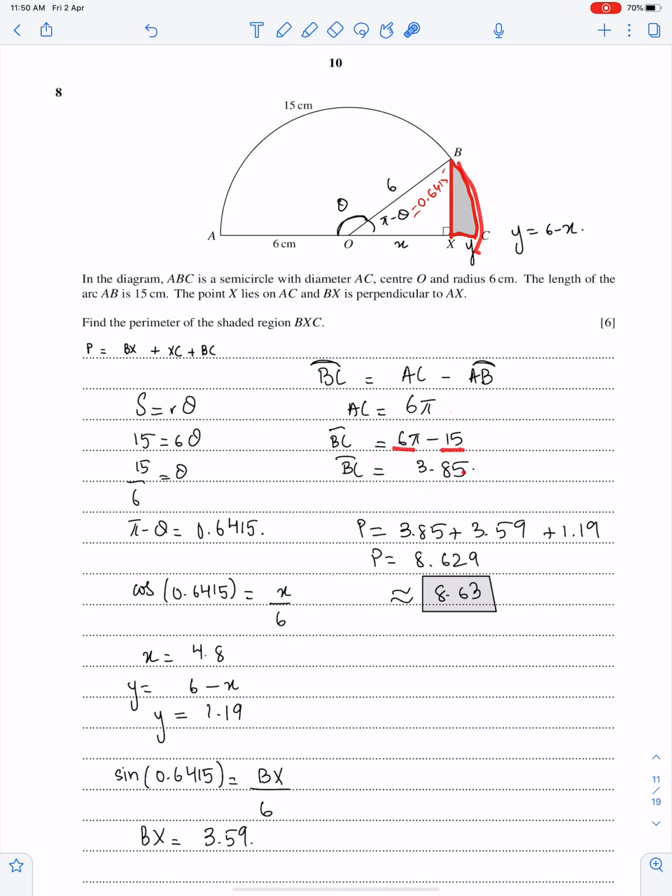This is one method, and the other method is use this formula: s equals r theta, 6 times 0.6415, which will give you 3.85. So you have both the options. Now perimeter is the sum of these lengths, this one, and this one. That's the perimeter. Give your answer up to 3 significant figures.